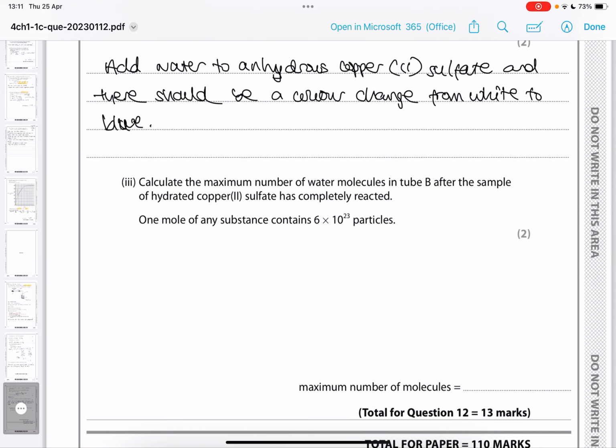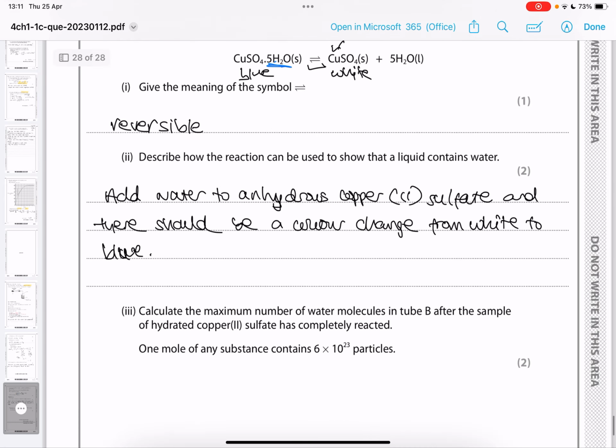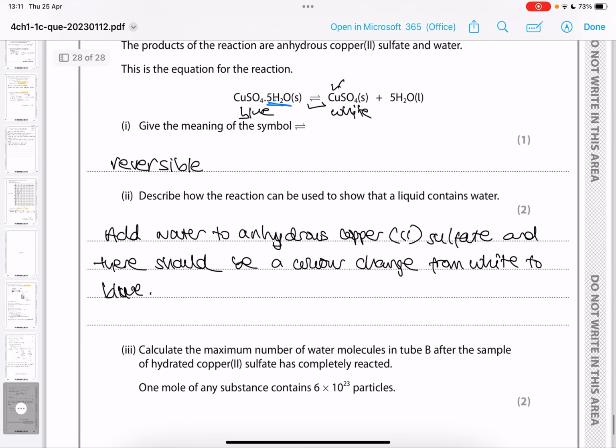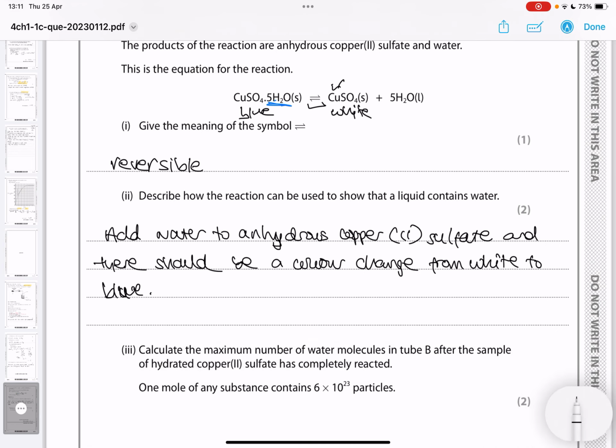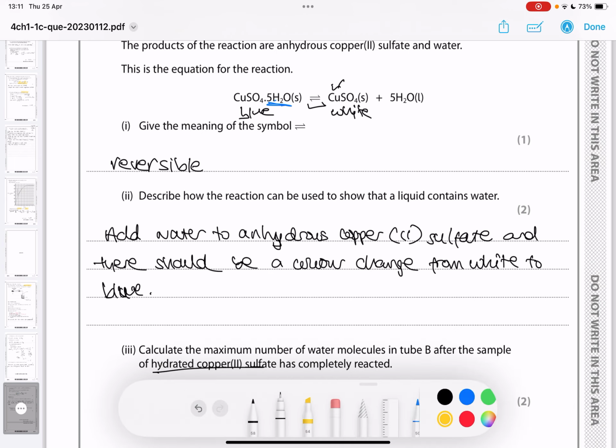Calculate the maximum number of water molecules in tube B after the sample of hydrated copper 2 sulfate has completely reacted. 1 mole of any substance is 6 times 10 to the 23 particles, so that's Avogadro's constant. Now it's asking us to work out the maximum number of water molecules once all the hydrated copper 2 sulfate has completely reacted. So this is the hydrated copper 2 sulfate.